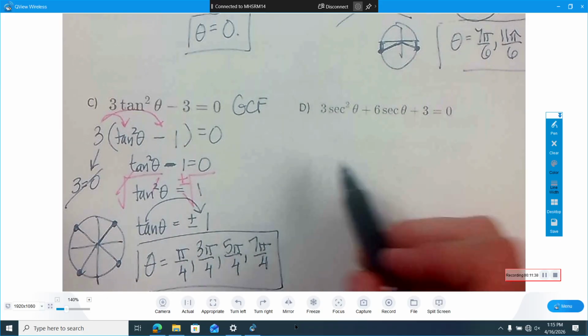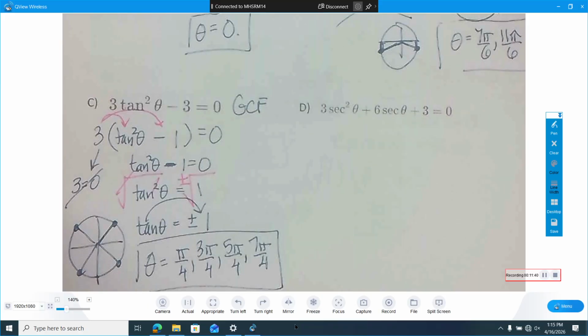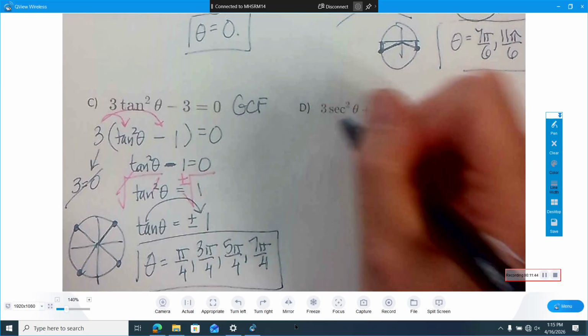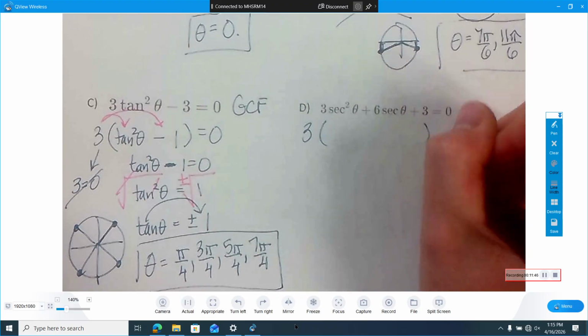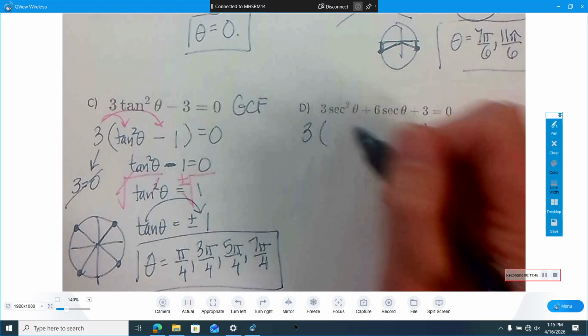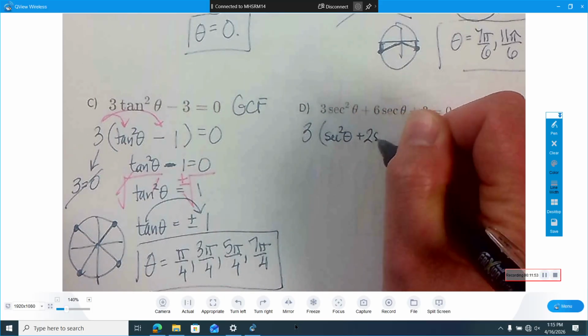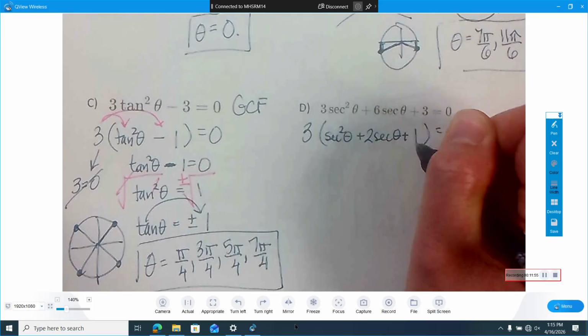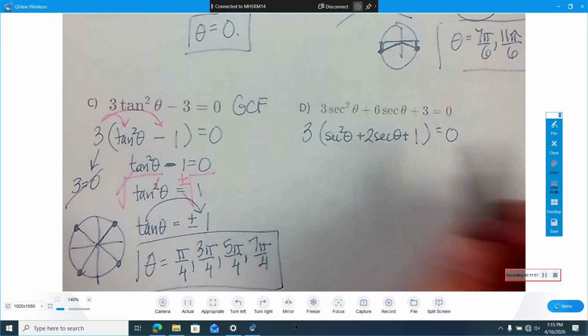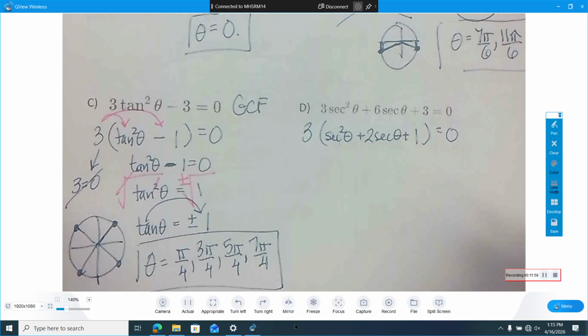And this one we have 1, 2, 3 terms. What do you want to do first? Pull out a 3. If I take out a 3, what's left behind? Secant squared theta plus 2 secant theta plus 1. Okay. And now this has 3 terms, which is, how do we deal with that?